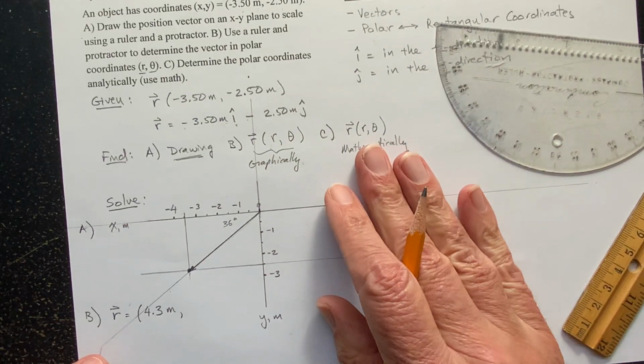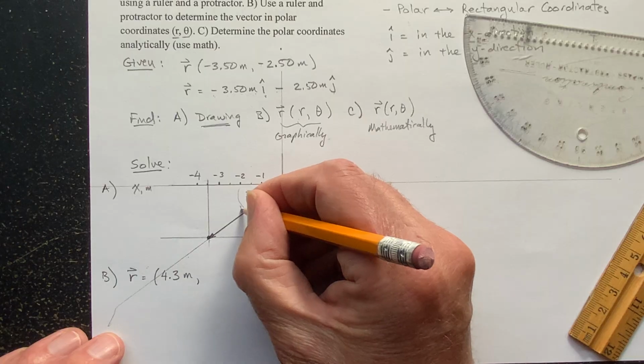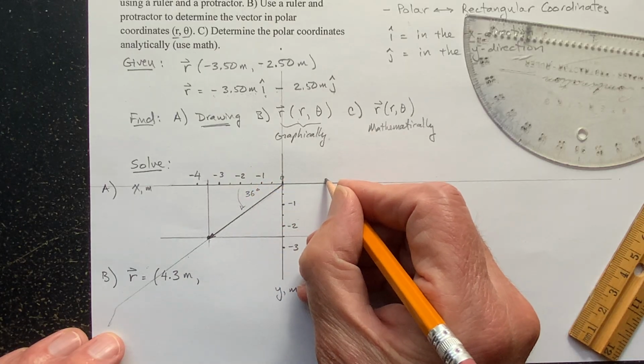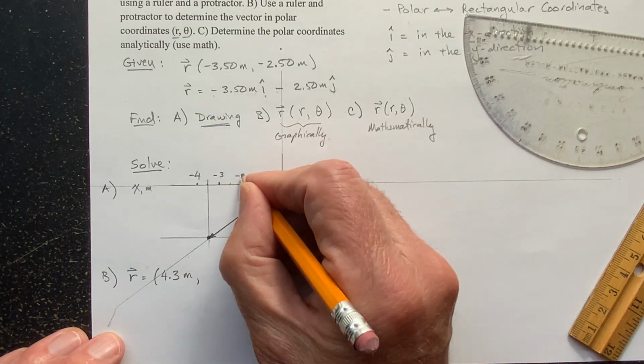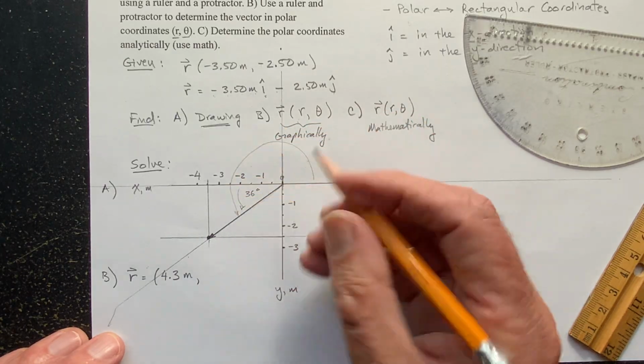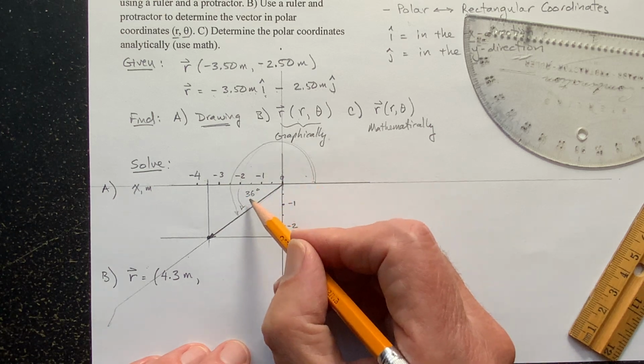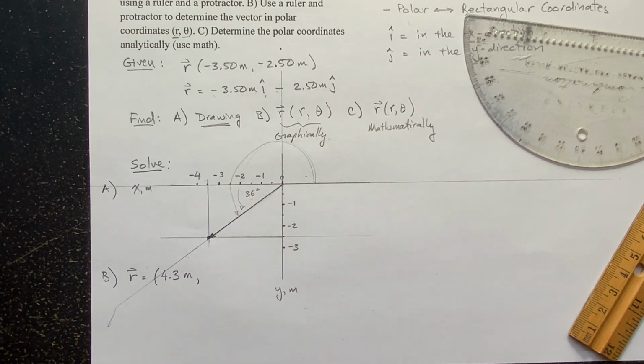But remember that in polar coordinates, you don't measure from here. You measure from the positive x-axis and you go counterclockwise. So this is what I want my angle to be. From here over to here, that's 180 degrees. So I just need to add 180 degrees to 36.